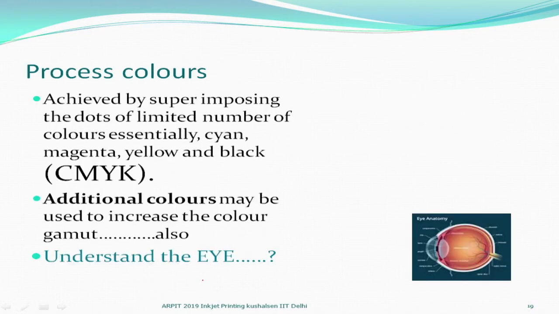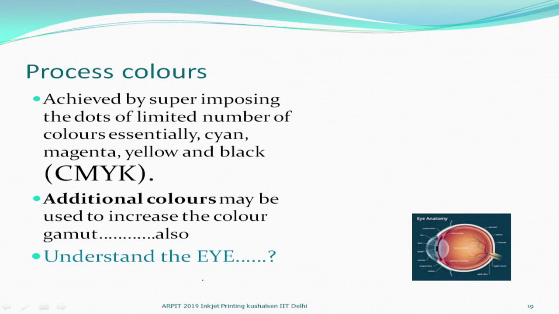Now, what is it? Have you seen a printed paper under a microscope or a lens? From the normal eye, it looks a nice beautiful color. If you enlarge it, you may see there are small dots positioned at different areas. Based on the number of dots and the color of the dots, you may get a perception of a certain type of shade.